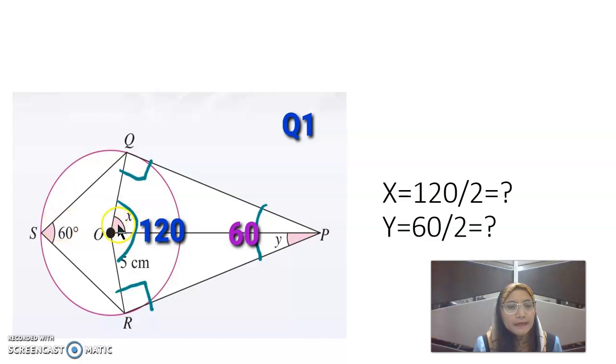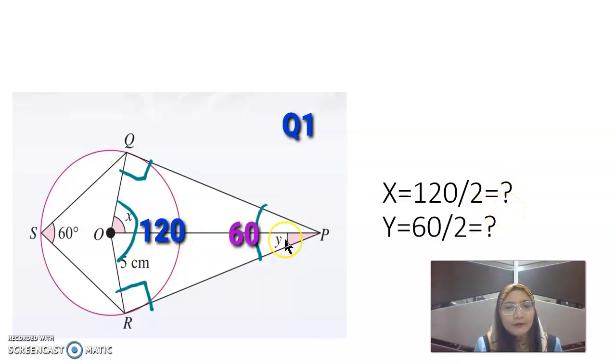The angle at the center is 2 times the angle at the circumference, meaning that angle QOR is 120. If you divide this angle 120 by 2, you may get the value of X. What is the value of X?